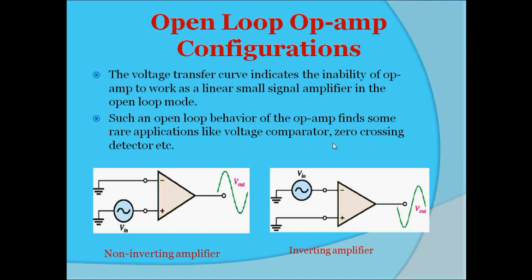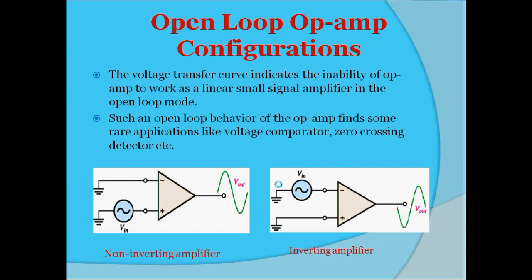As we know, this is the symbol of the operational amplifier. Op-amp has two types of configurations: open loop configuration and closed loop configuration. In open loop configuration, the op-amp has three types: inverting configuration, non-inverting configuration, and difference amplifier.